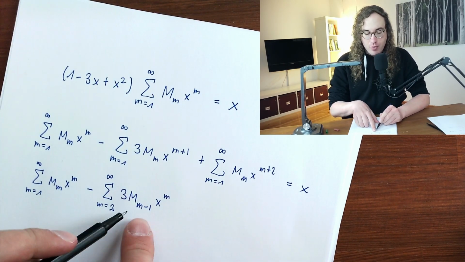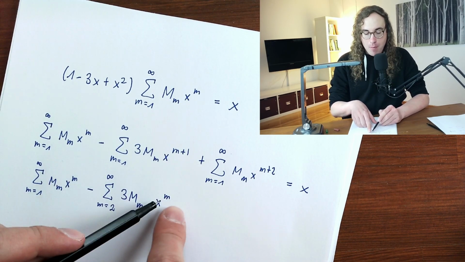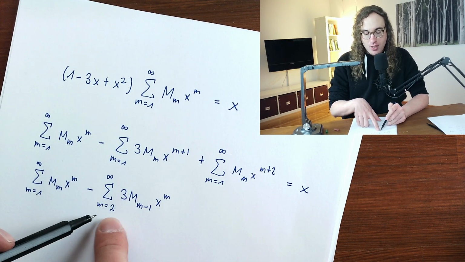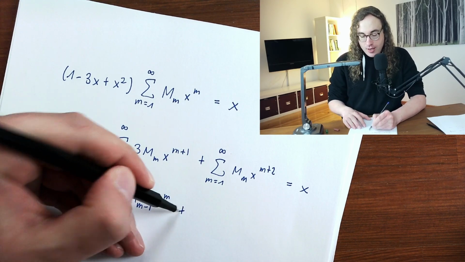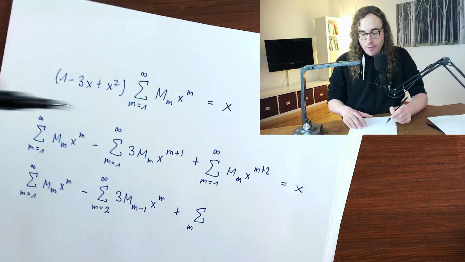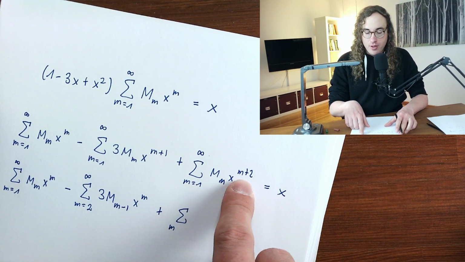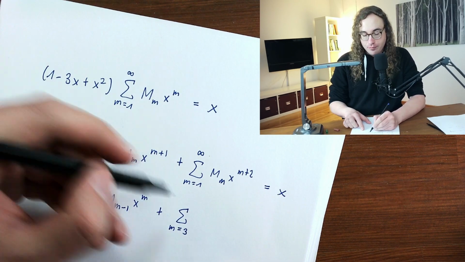See what I've been doing here is I've just replaced m by m minus 1. So this kills the plus 1 here. Here m has become m minus 1. Now I start summation at 2. It's the same sum. Okay, and I also do the same trick here. You see the first exponent that I have here is m is 1, so the first exponent is 3. So let me just start this sum at 3.